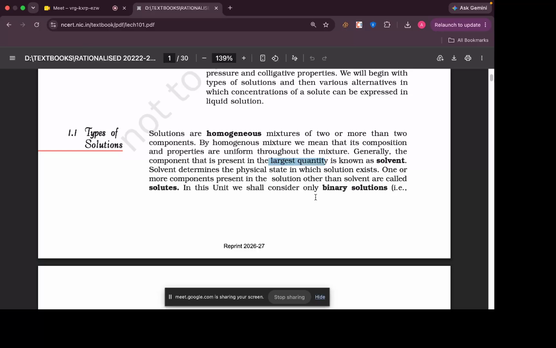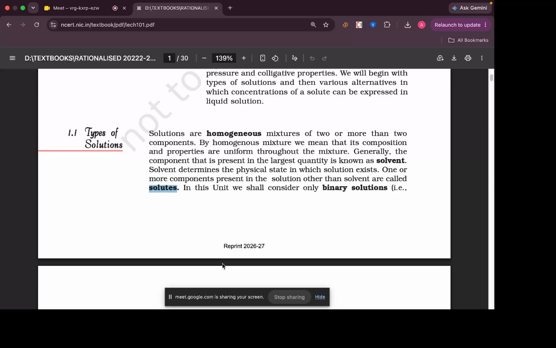So water will be the solvent. And what you are adding will be one or more components. I can add salt also, I can add a little lemon, and I can add sugar also. So that is the solute. So if someone asks you what is solvent and what is solute, you should remember it.